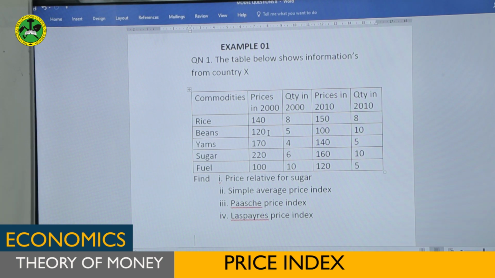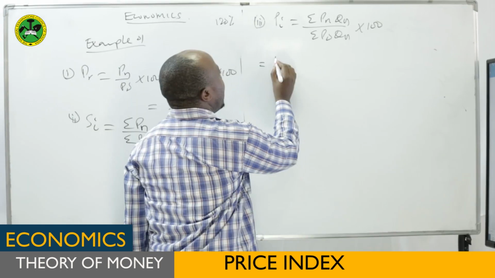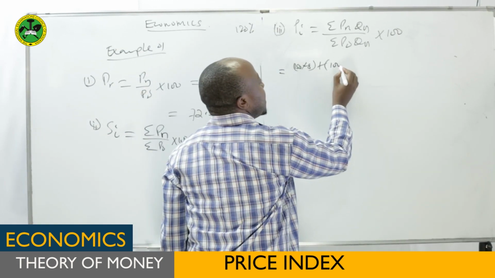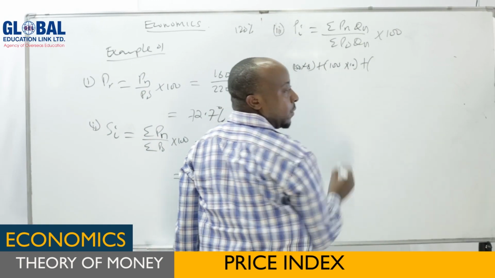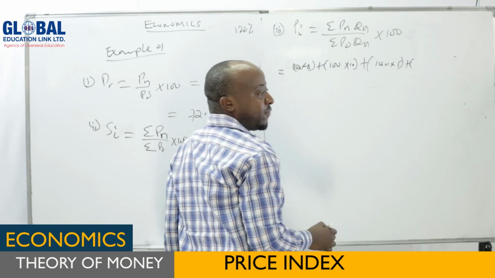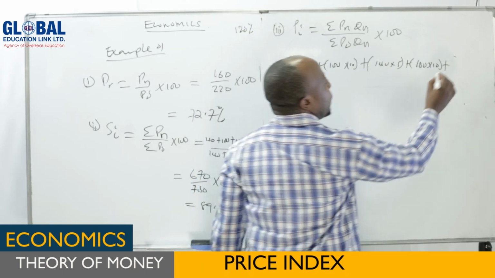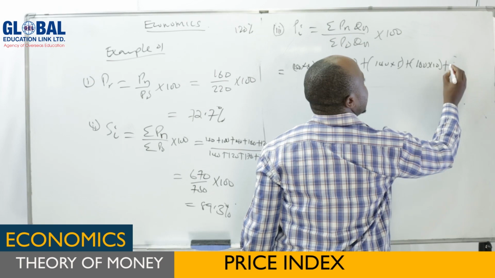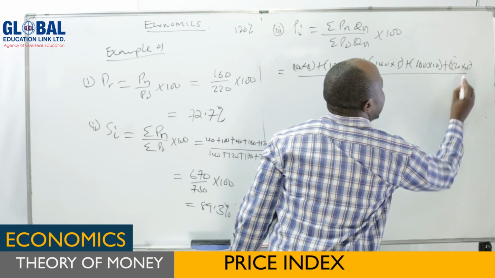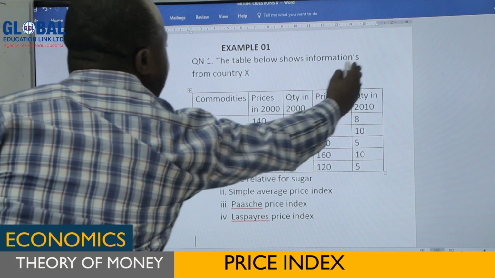So you can move together again. You can find it will be equal to, for that part, this one times this one. So it will be 150 times 8 plus, 100 times 10 plus, 140 times 5 plus, 160 times 10, then plus 120 times 5. Then this one we divide by P0Qn. P0 is this one times the last column.